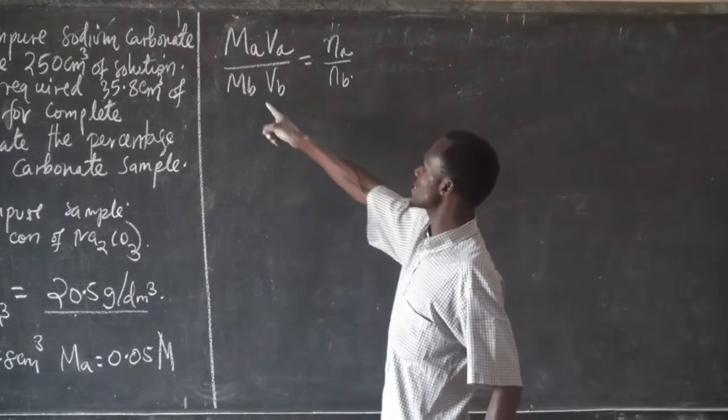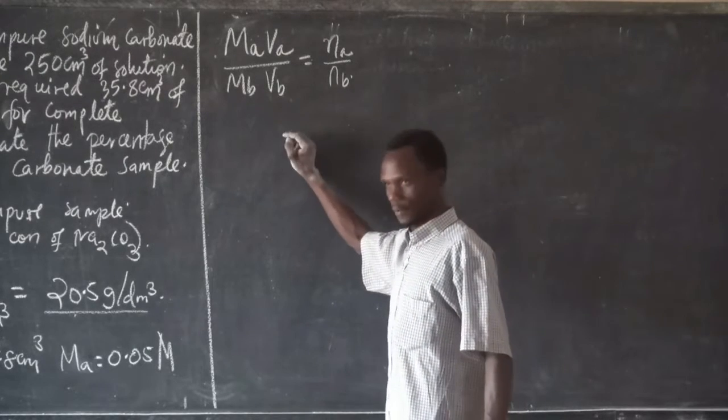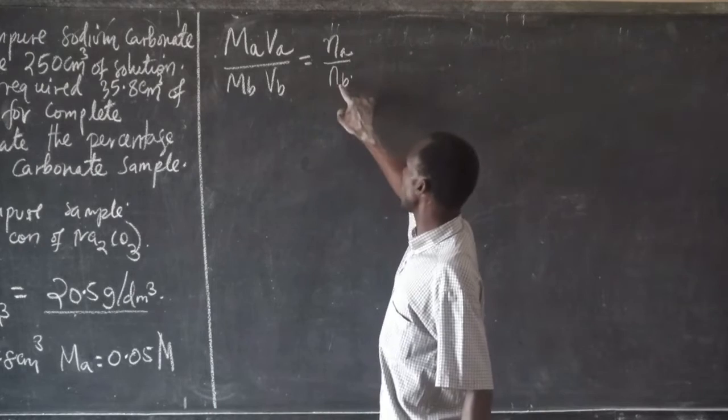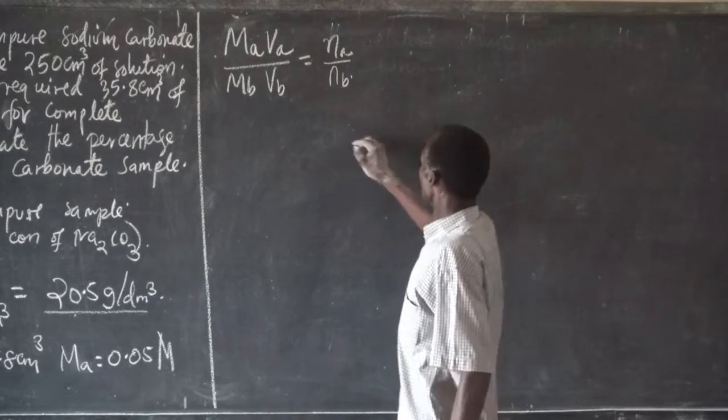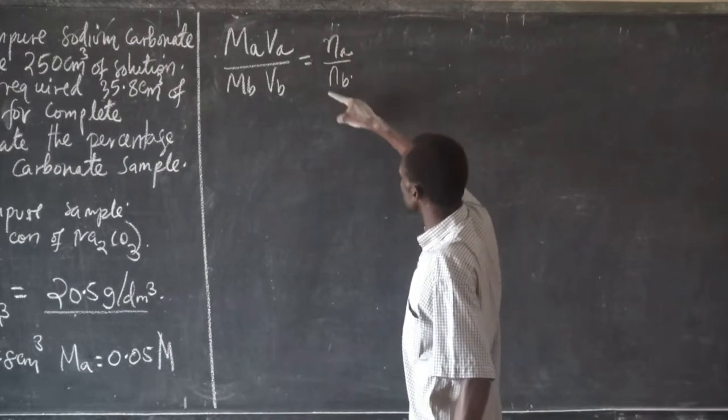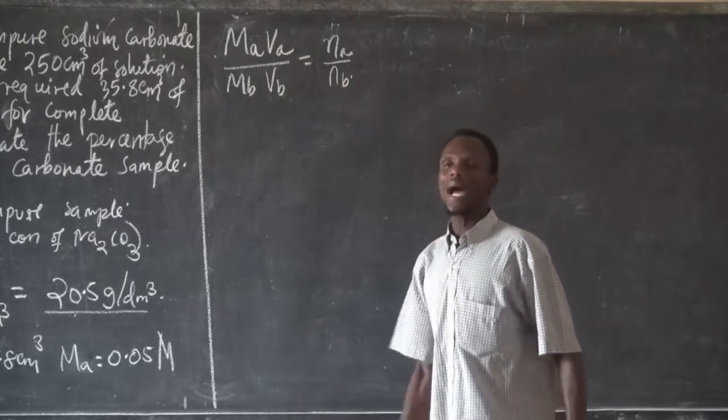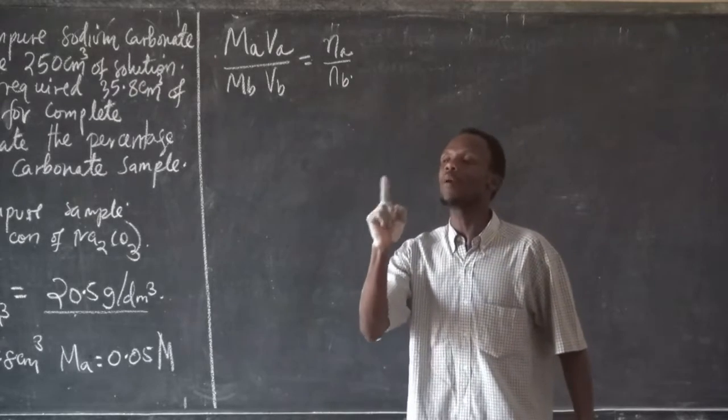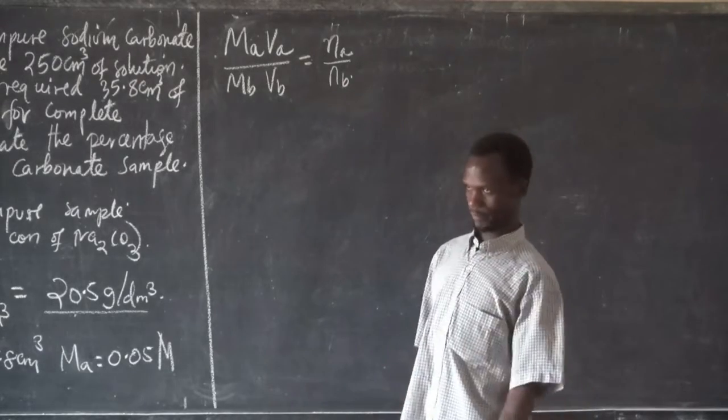Now, molarity of base can be calculated from this formula, but we don't have the number of acid and number of base. Let us determine them by using the chemical balanced equation.